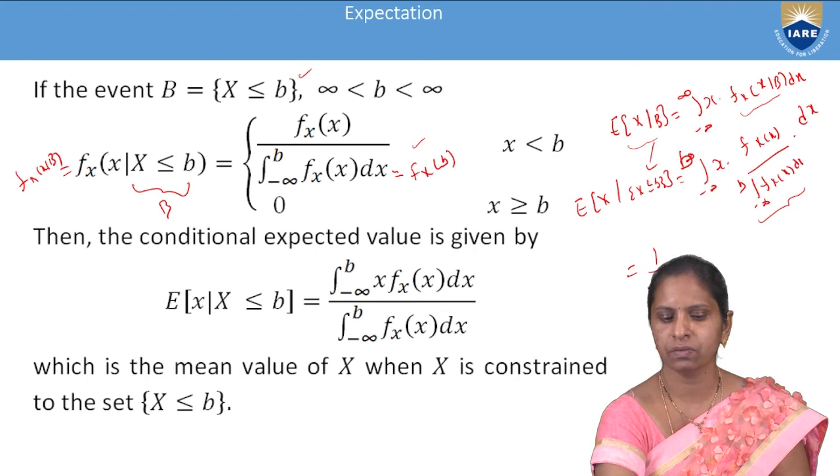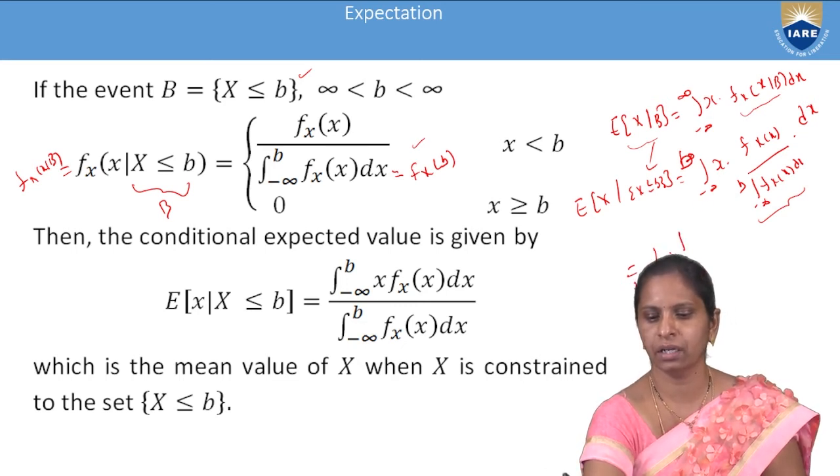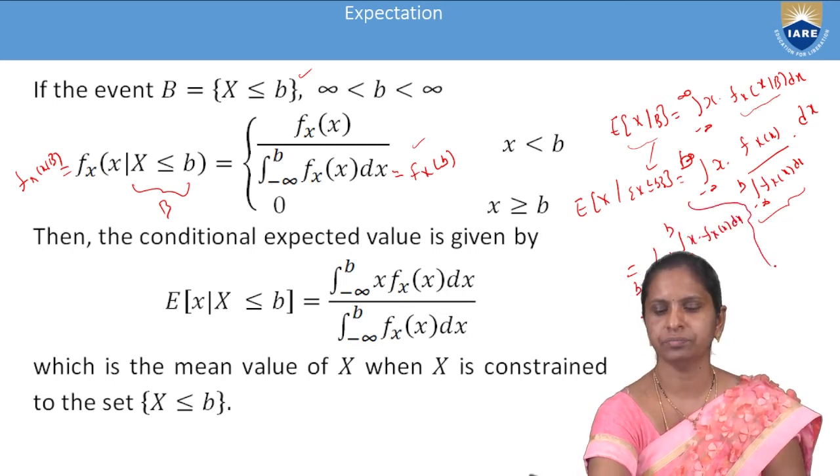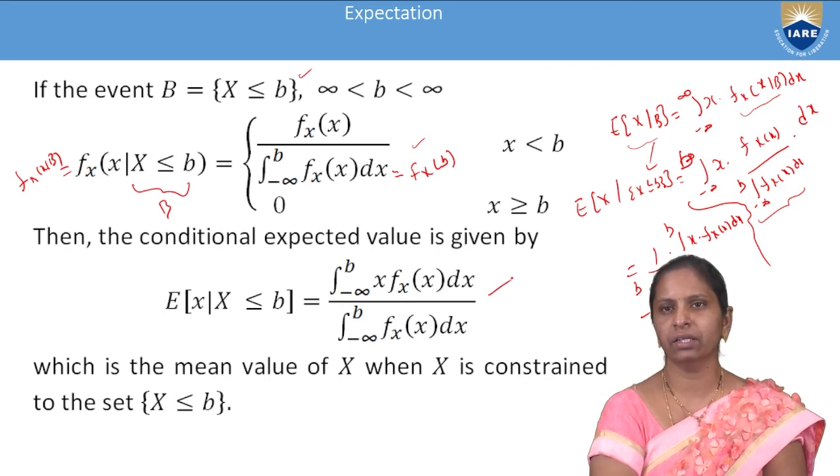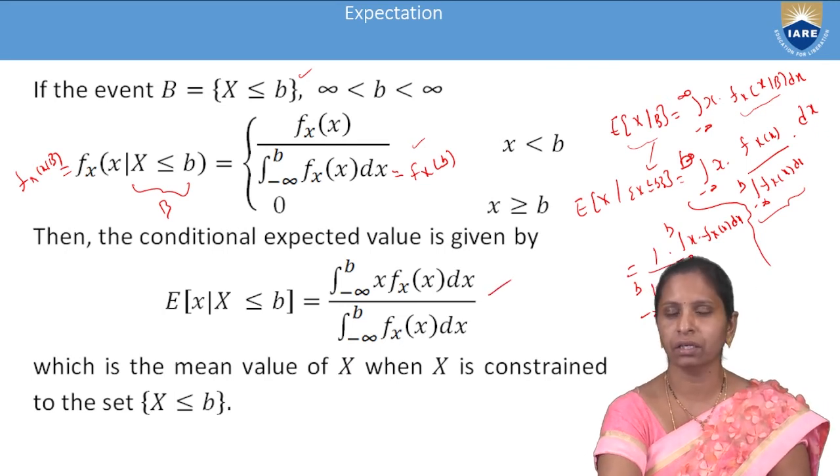Then you can write this as 1 by integration from minus infinity to b of fx of x dx. And what is the numerator here? Integration from minus infinity to b of x into fx of x dx. So like that, we can write down the conditional expectation also.